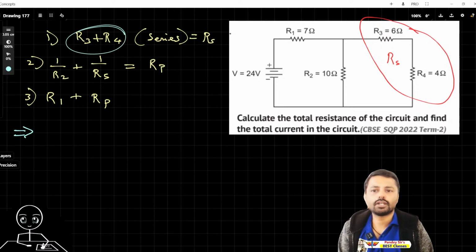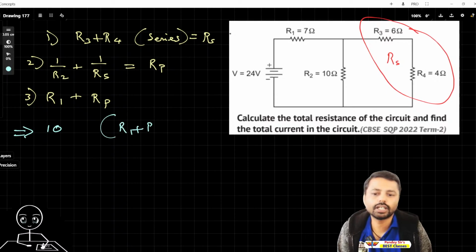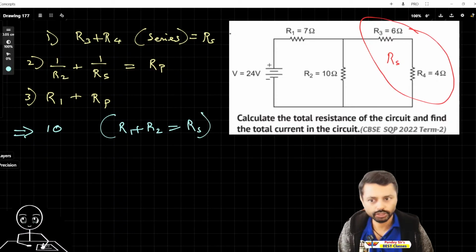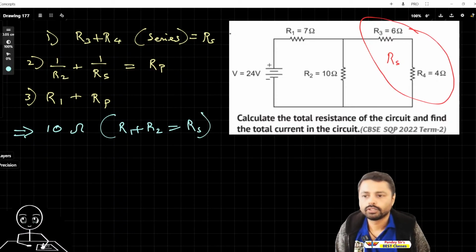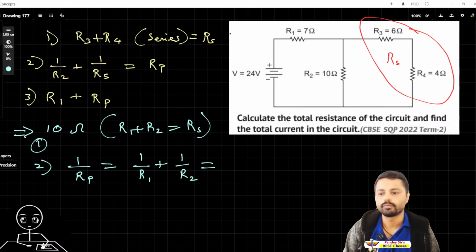So R3 plus R4, it's 6 plus 4, 10. Like the formula R1 plus R2 equal to R of series. So 10 ohm. Now this is the first one solved already. Now the second part, 1 by RP equal to 1 by R1 plus 1 by R2 and so on. So let's directly put the values.